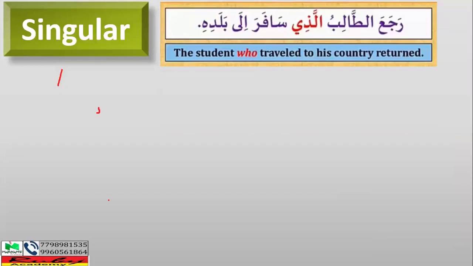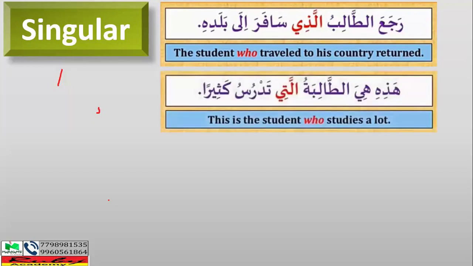Now you can understand what we are talking about here. Raja at-talibul lazi safara ila baladi. So the student who traveled to his country, Britain. We are talking here about talib. Talib is singular masculine, am I right? So that's why here we have used allazi.